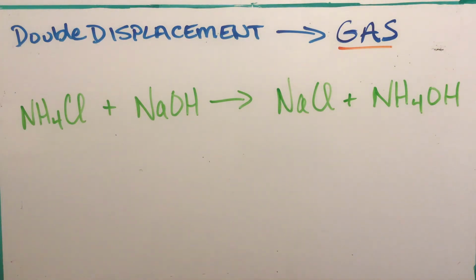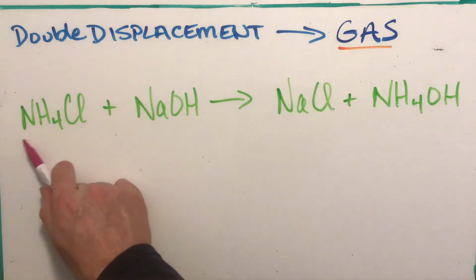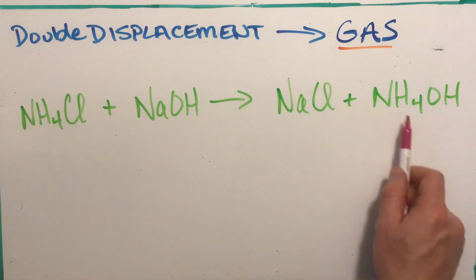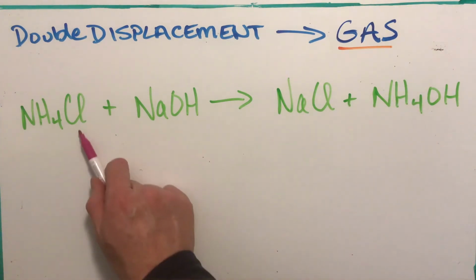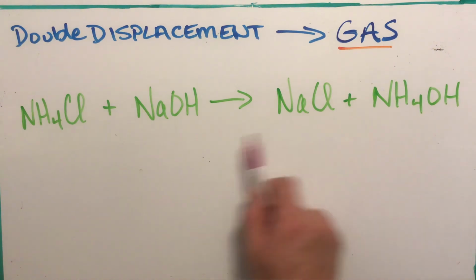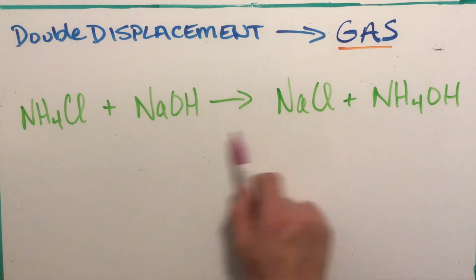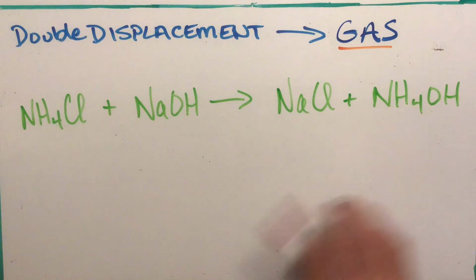All right, I will balance this thing out. So let's see, I've got an ammonium here, NH4 here, NH4 here, Cl, Cl, Na, Na, and OH, OH. So this one's already balanced. If you make the formulas right, it's already balanced. So we'll go with the states then.